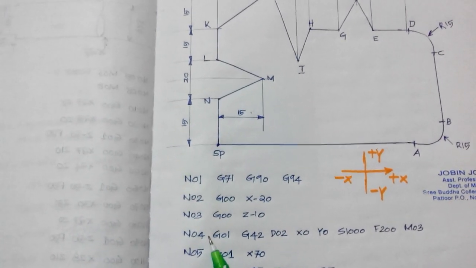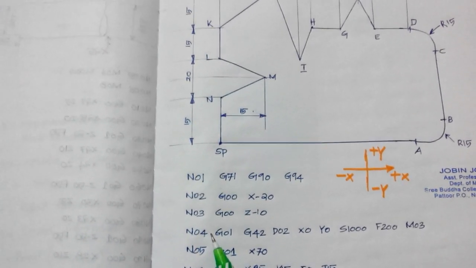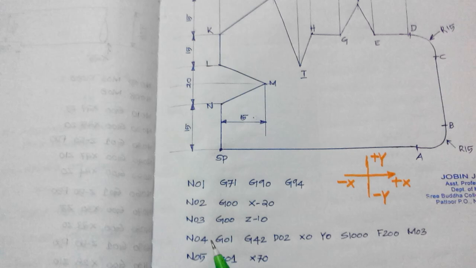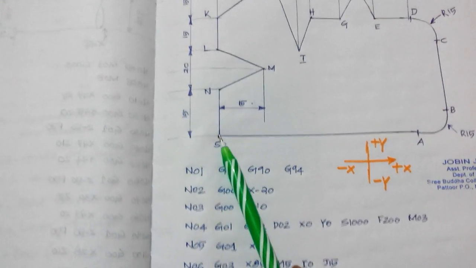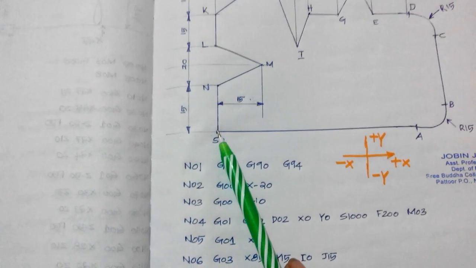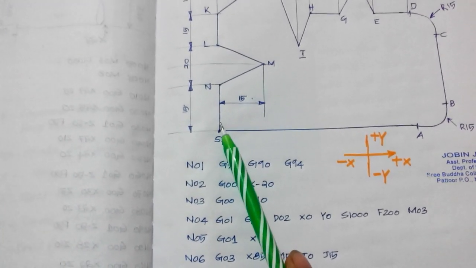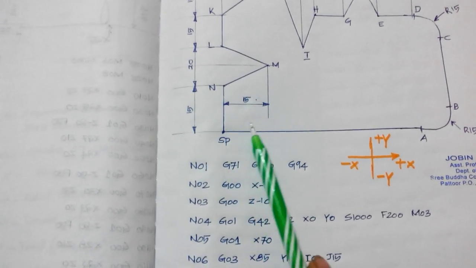But we know that the cutter has some radius. If we don't compensate the cutter diameter, what happens is that the center line of the cutter is at this point, which means the radius of the cutter is here. So with this, the tool moves in the right direction.